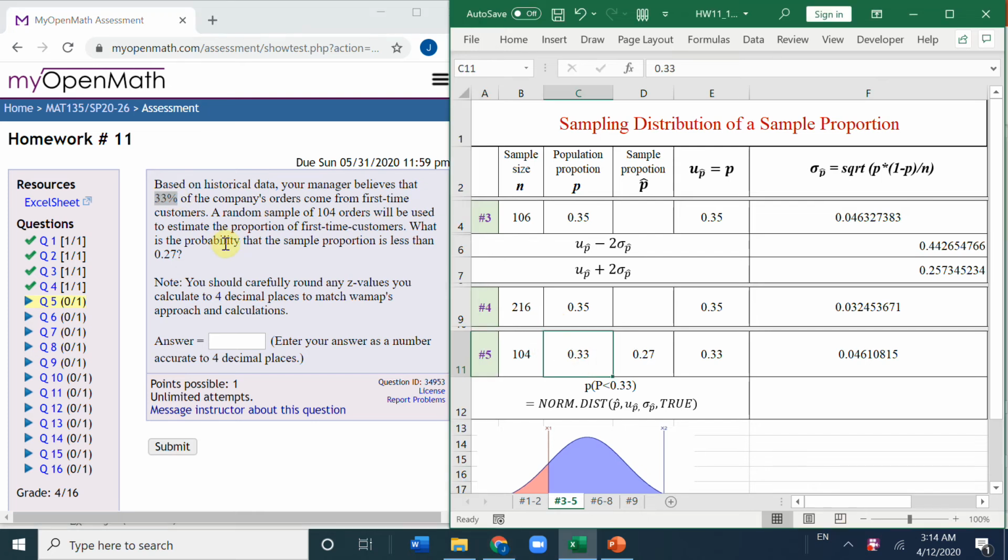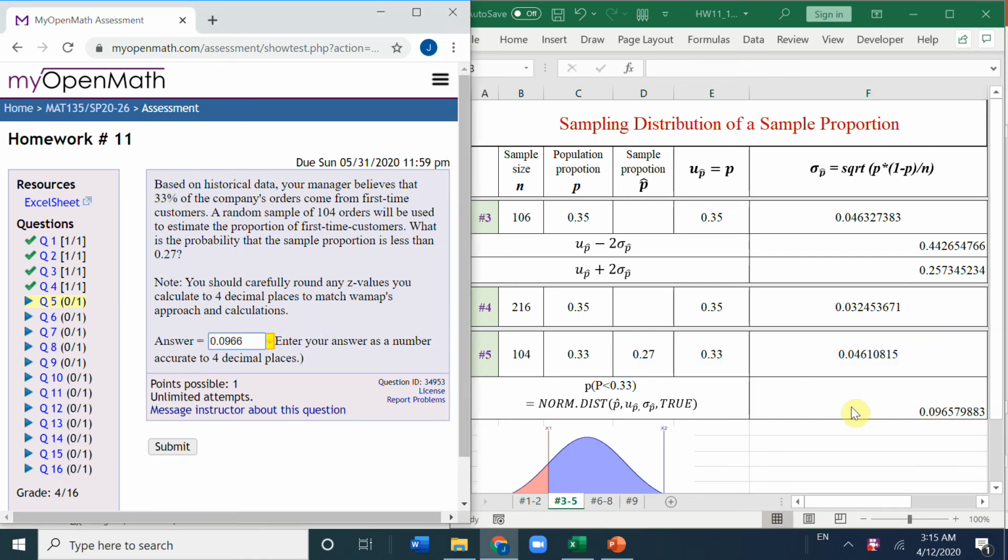What's the probability that the sample proportion is less than 0.27? So the sample proportion is 0.27, and we have mu p hat is p and the sigma. So now it is norm distribution, p hat, mu p hat, sigma p hat, and true. Okay, so we input the answer.